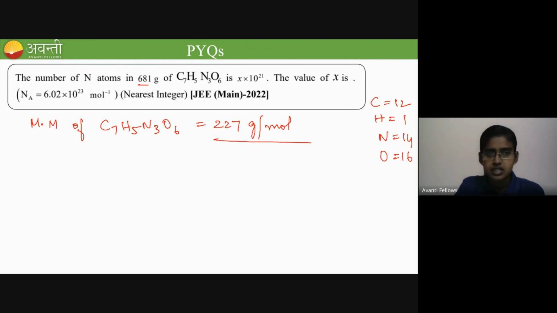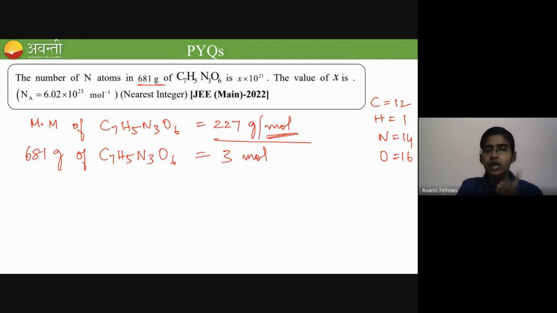But here 681 gram of this is there. 681 gram of C7H5N3O6 is equal to 3 mole. In 1 mole we have 3 nitrogen. In 3 mole what we have to do? 9 nitrogen will be there, right? 3 into 3.